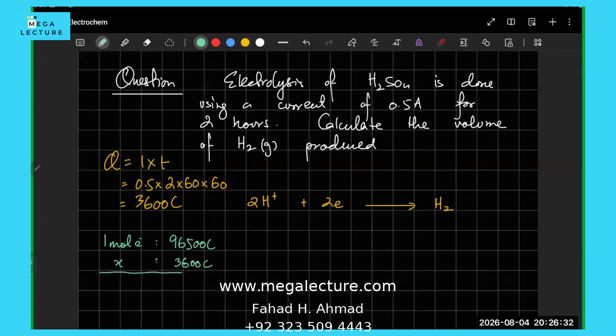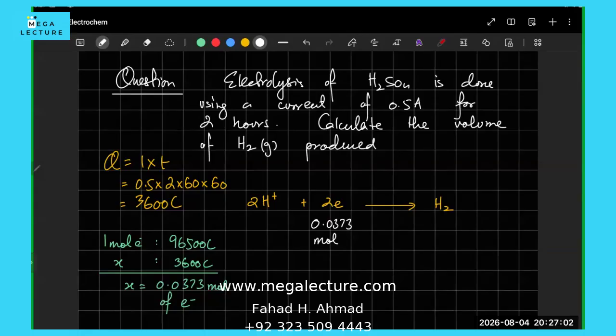If I use ratios to solve, 0.0373 moles of electrons, right? So now it's pretty easy to solve. How many moles of electrons do I have? 0.0373 moles, right? Is that clear?